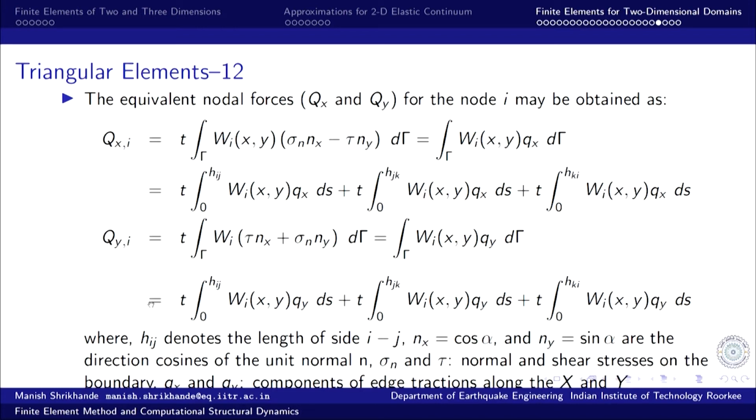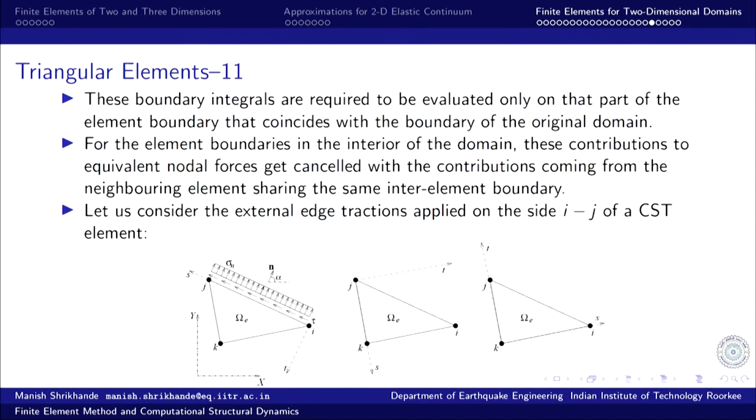And similarly for tractions in the y direction, normal and tangential can be converted to global x and y. So, this is normal and this is tangential; they can be oriented along x and along y using the direction cosines.